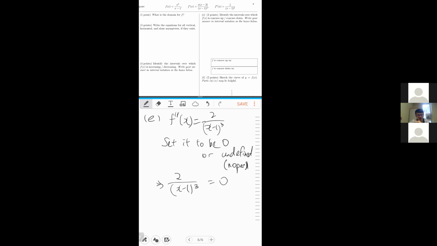No. When we talk about the first derivative test and the second derivative test, that is for finding local max and local min. This question is not about local max and local min. So if there's no 0 or no undefined point, that just means there's no inflection point.